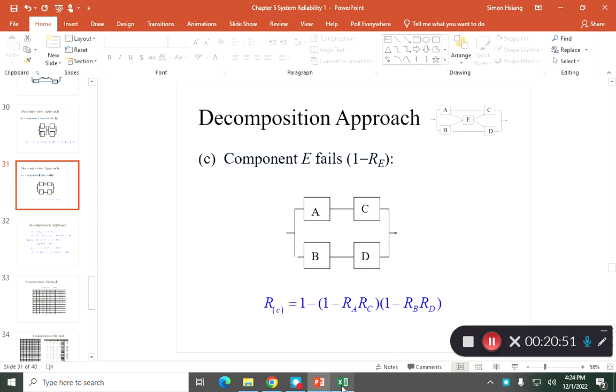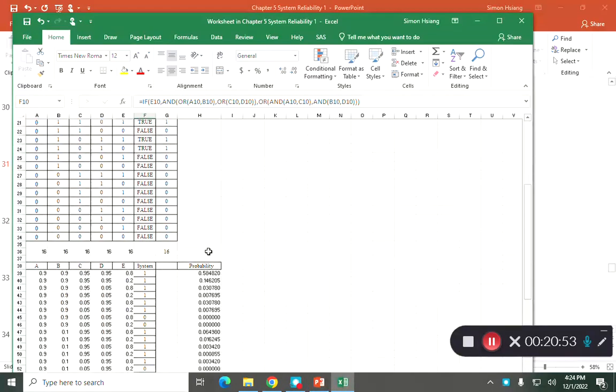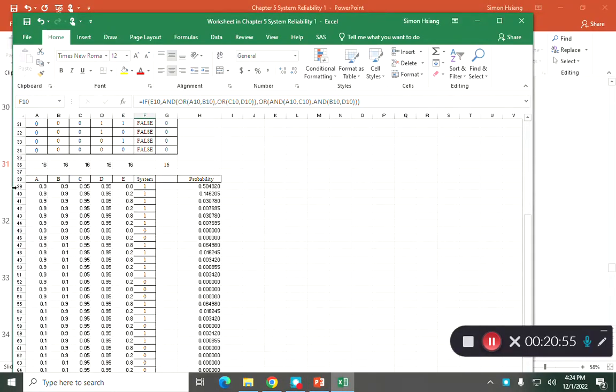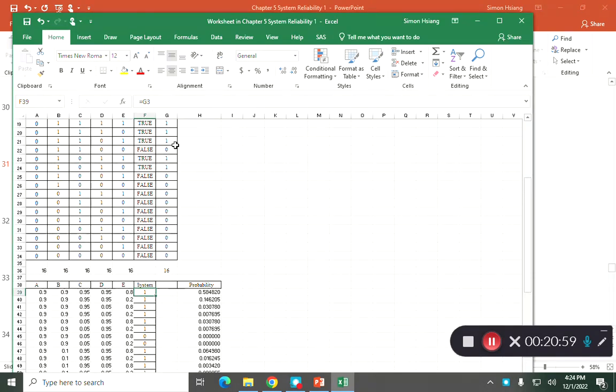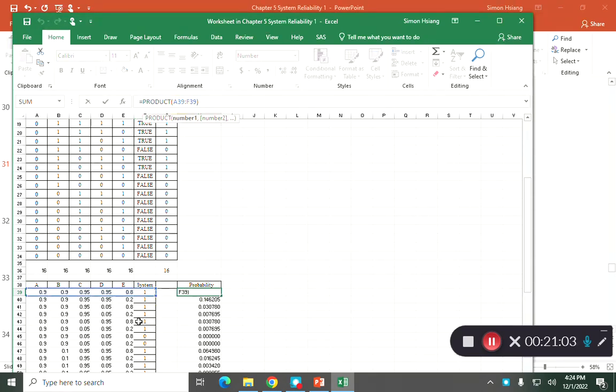So when you build the whole thing like this, at the end you can calculate the system reliability when the system is successful. So I will have a product of whatever the subcomponents' probability.